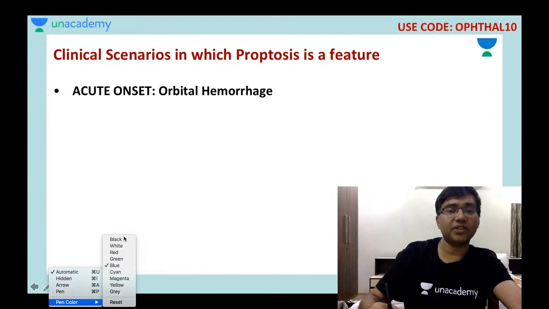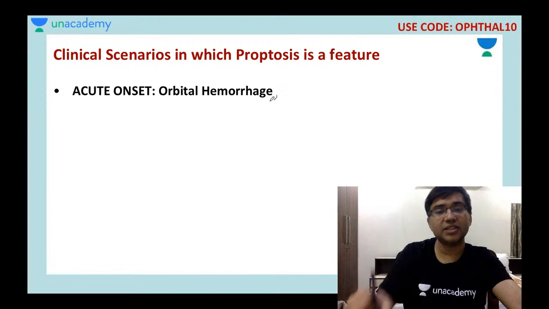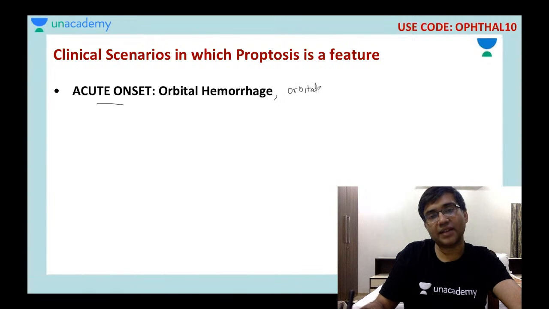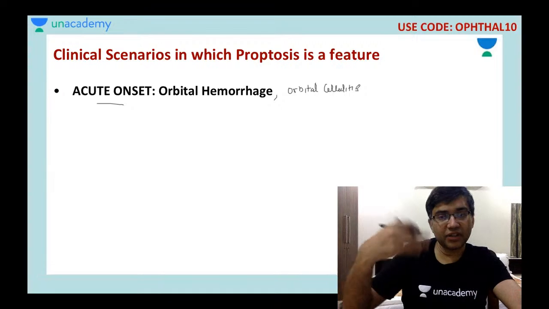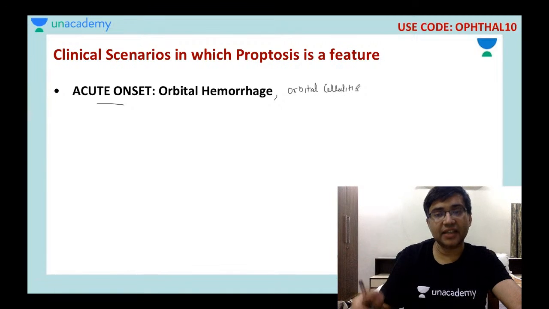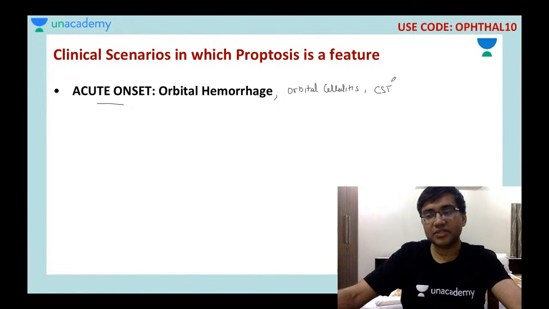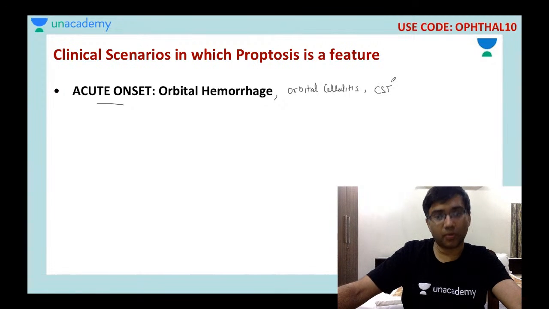Other conditions where you can get acute onset proptosis: it can also happen in orbital cellulitis. Okay, and even sometimes in the cavernous sinus thrombosis you can have the acute onset proptosis.